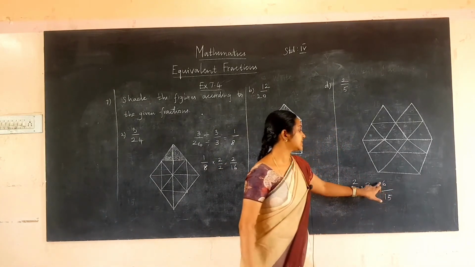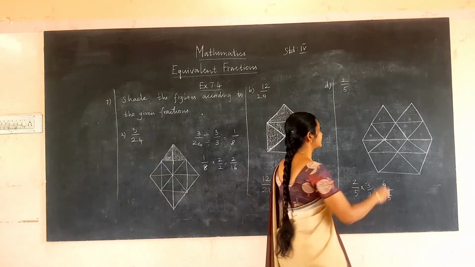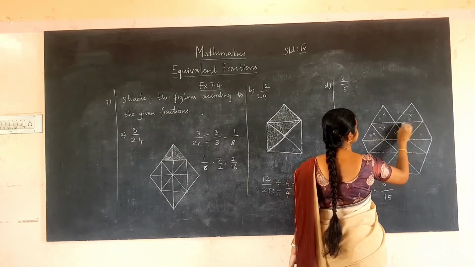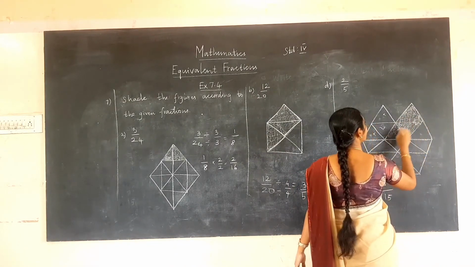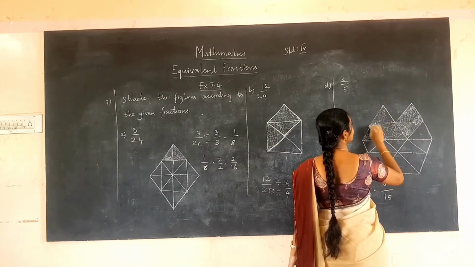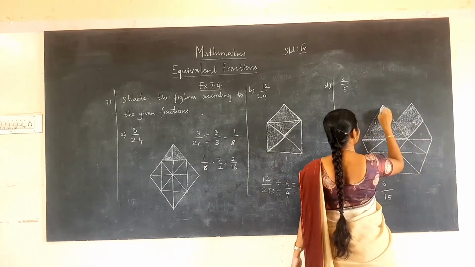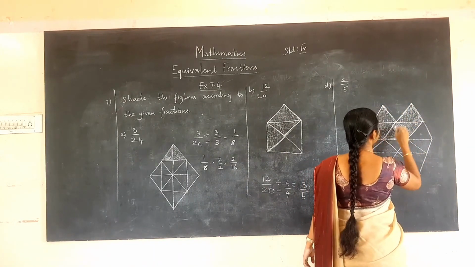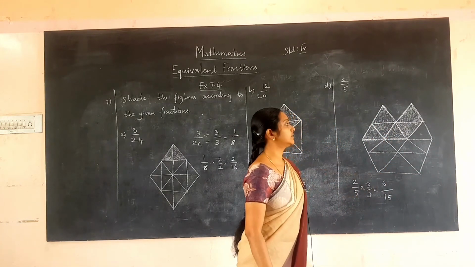So out of 15 we are going to shade 6. 1, 2, 3, 4, 5 and 6. So I have shaded 6 parts out of 15.